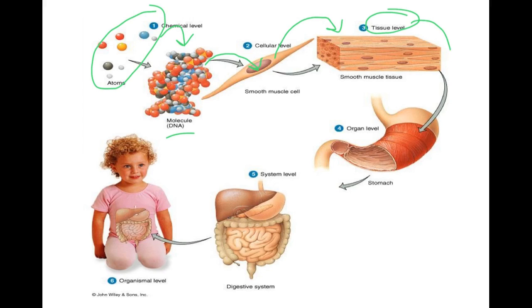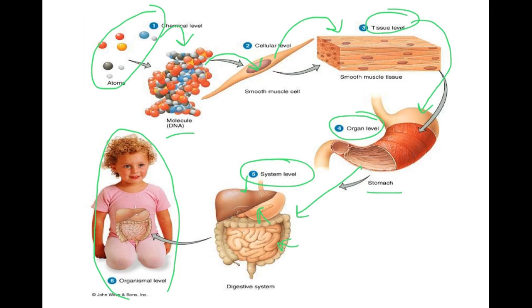A lot of tissues put together can form the organ level, like in this case, the stomach, and that is smooth muscle tissue in the stomach. The stomach, along with a lot of other organs like your intestines and the pancreas and the liver, is the system level for the digestive system. And then all the systems put together help maintain homeostasis for the entire organism.